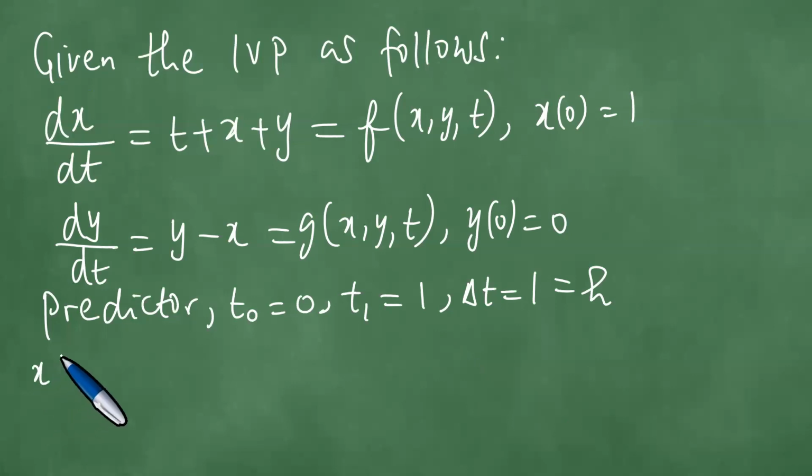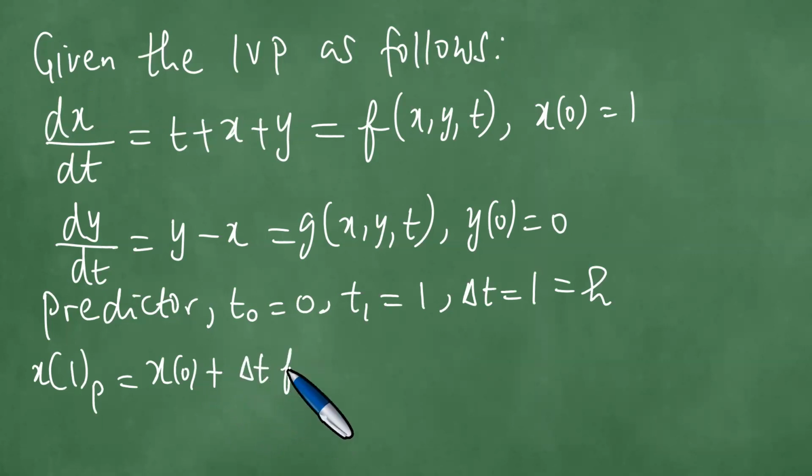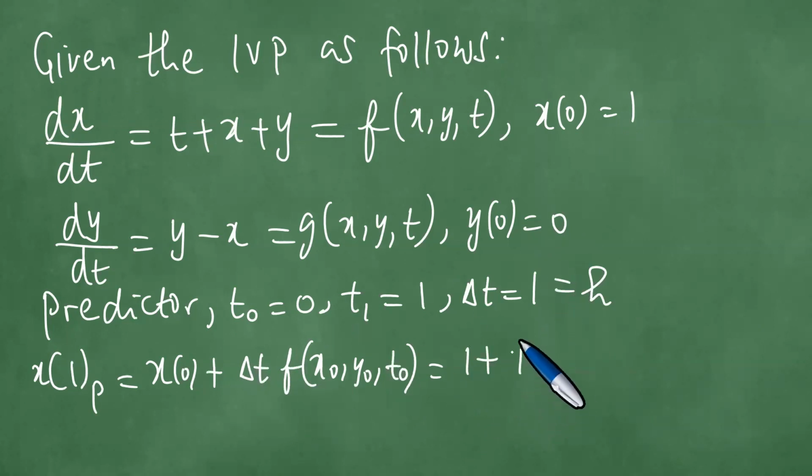So now x1 predictor is given by x0 plus delta t, which is the usual h but is delta t here, times f of x0, y0, t0. So x0 here we can see is 1, plus the delta t, the h is 1 also, with the f. Now the f of these is what?